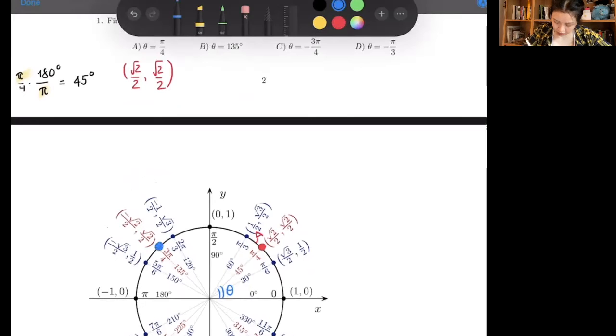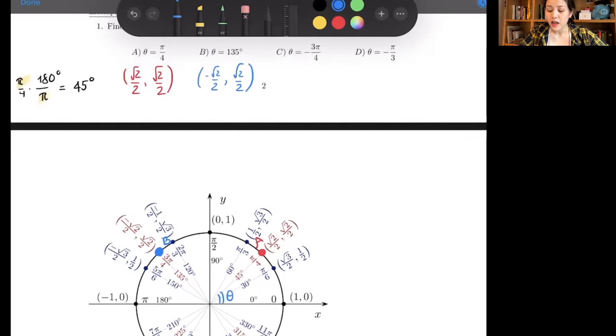Now I'll note it in blue. When the angle equals 135 degrees, my x value and y value are negative root 2 over 2, comma, positive root 2 over 2. Okay, so this is point B.